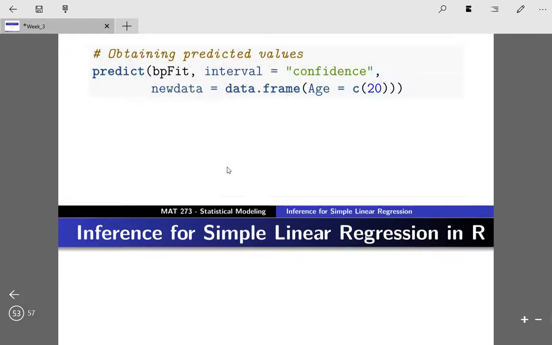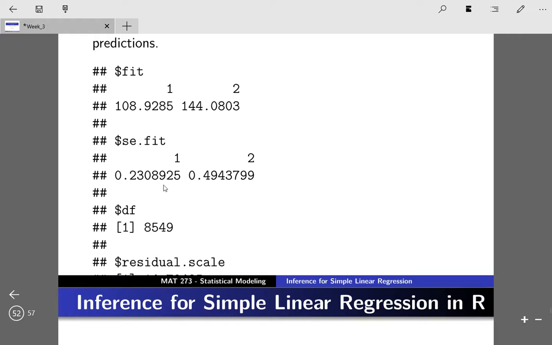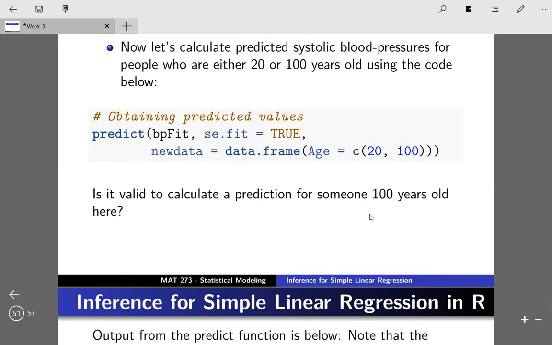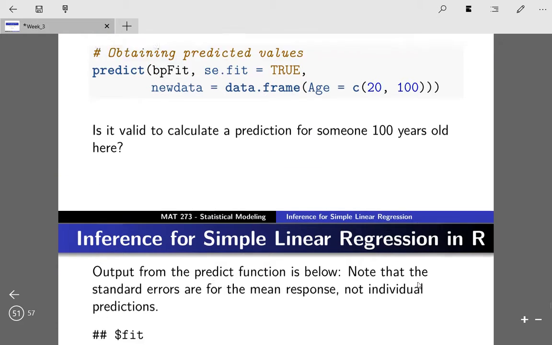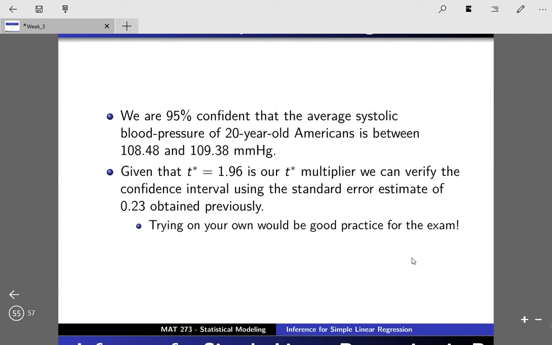So if we obtained a prediction interval, it would be much wider than this confidence interval for the mean.